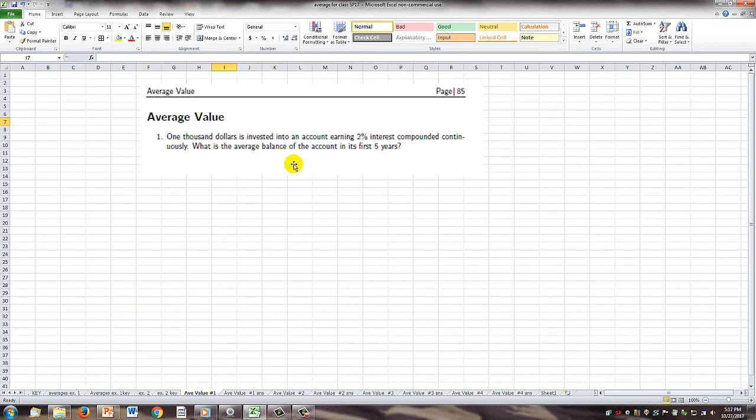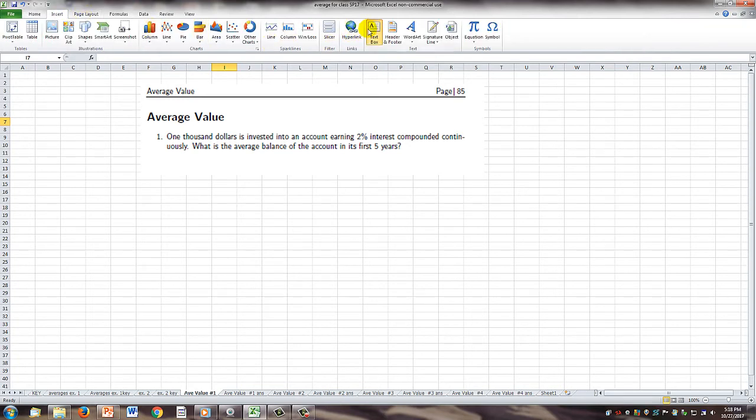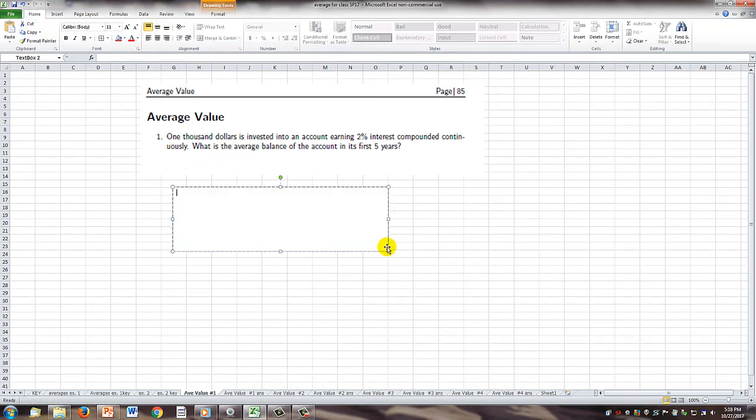Okay, so something similar. $1,000 is invested into an account earning 2% interest compounded continuously. What is the average balance of the account in the first 5 years? So again, we have the continuously compounded interest formula, A equals P e to the rt.